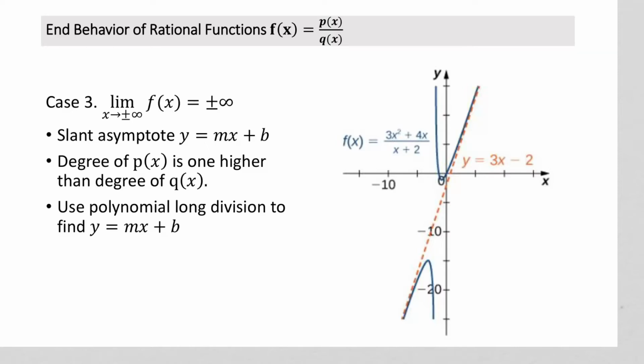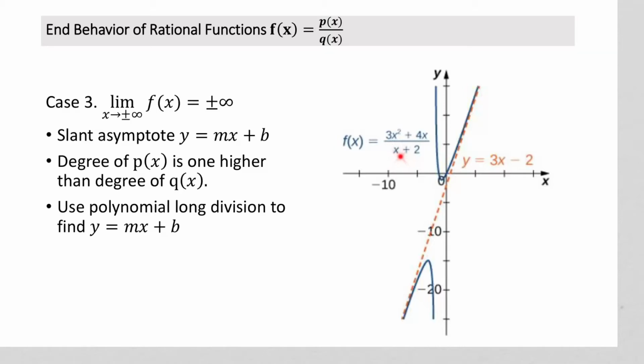Your slant asymptote will be of the form y equals mx plus b, a linear equation. You will have a slant asymptote when the degree of your numerator is 1 higher than the degree of the denominator. In this example, I've got power 2 in the numerator and power 1 in the denominator, so I'm going to have a slant asymptote.